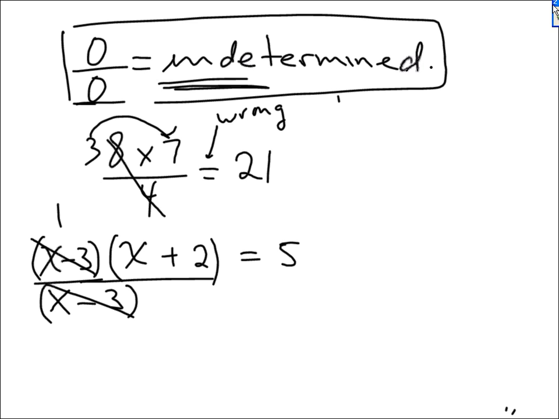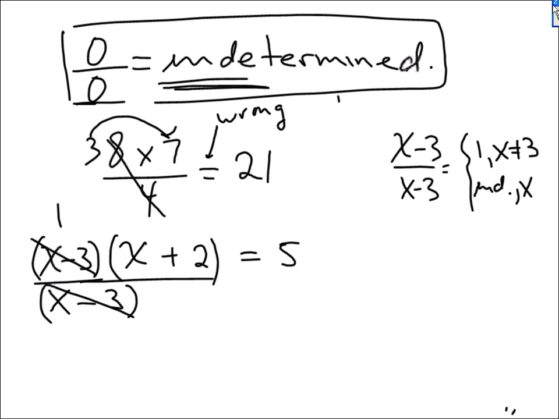Remember, it may not be 1. X minus 3 over x minus 3, most times it's 1, sometimes it's indeterminate. It's 1 as long as it's not 0 over 0, as long as x is not 3. It's indeterminate when x is 3. So we might be wrong calling that 1.